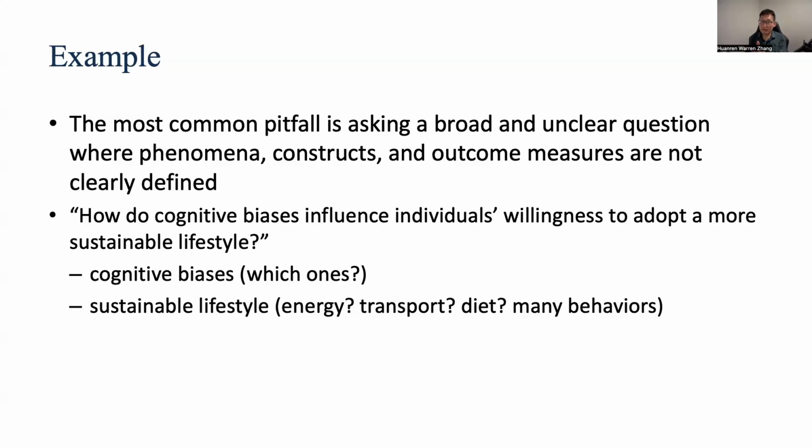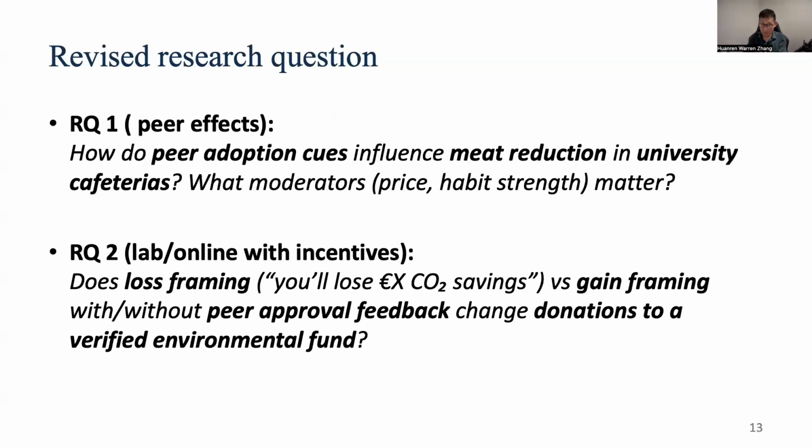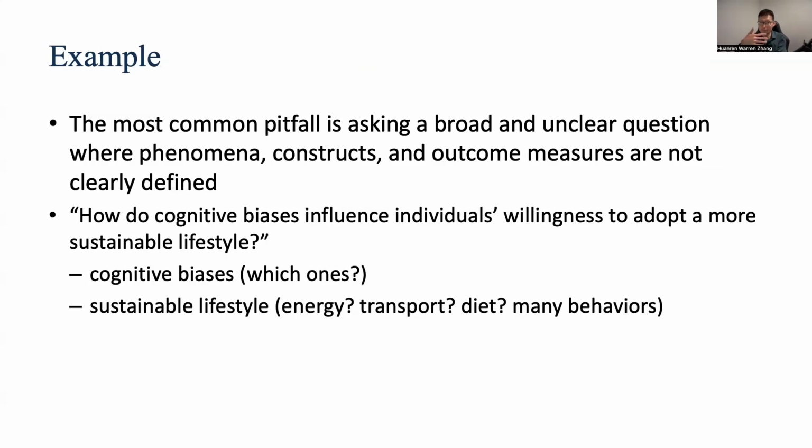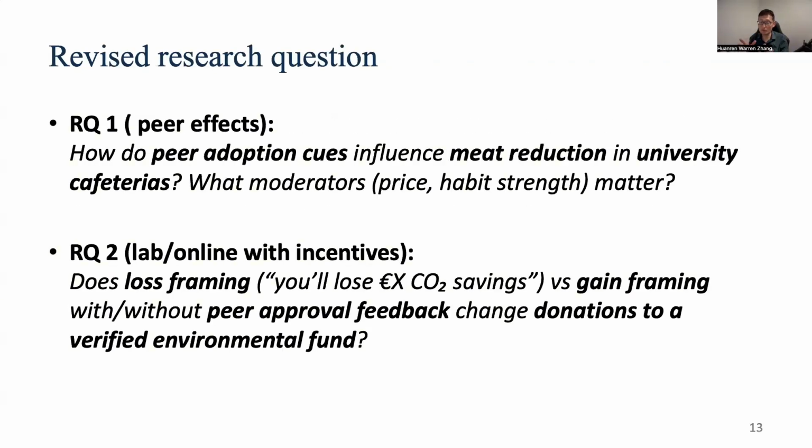Right? So now let me propose some ways in changing this research question so that they become clear and become feasible. Right? So research question 1, that's one way to revise this research question. We can, talking about biases, here we want to be more specific just to investigate peer effect.